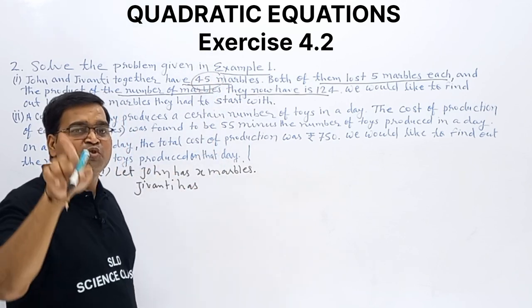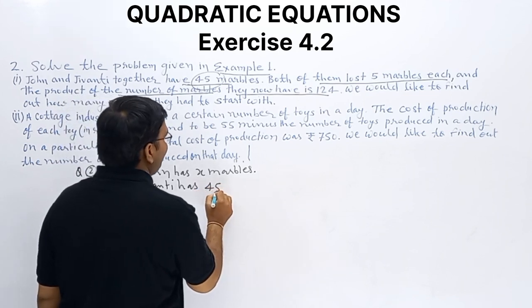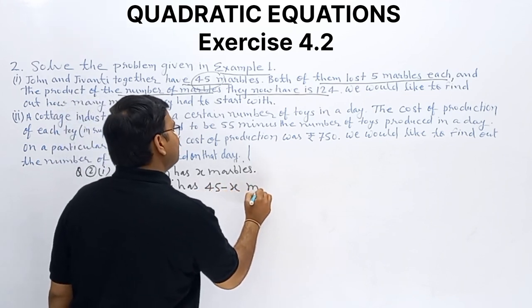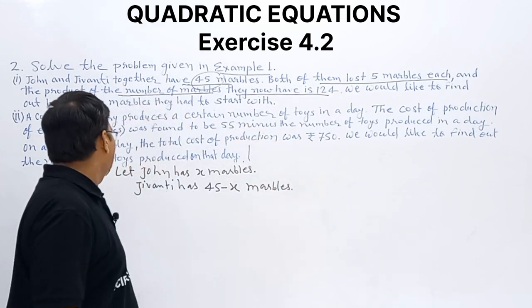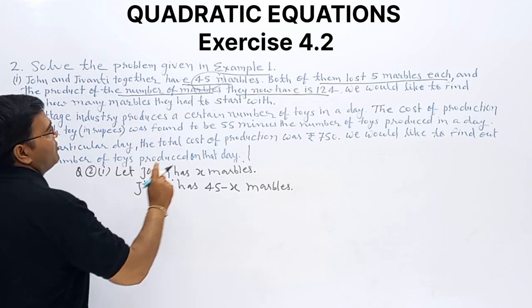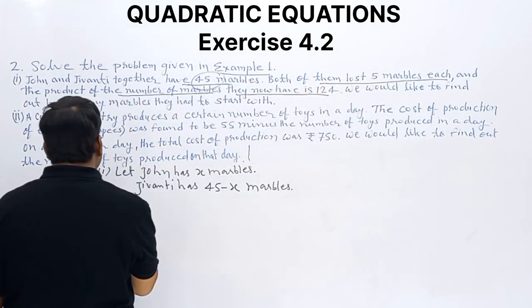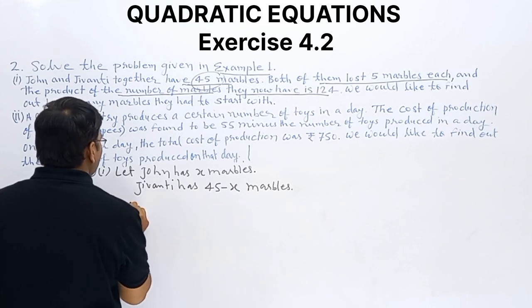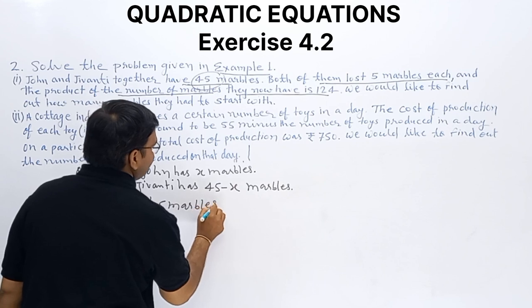Out of 45, John has X. So Jivanti has 45 minus X marbles. Clear? Now both of them lost 5 marbles. Both lost 5 marbles.